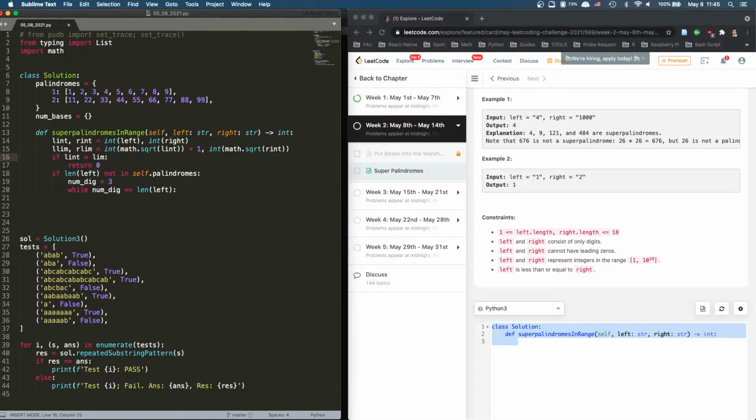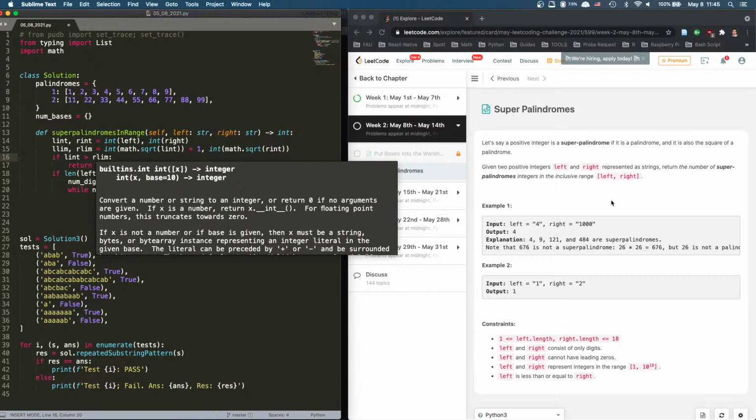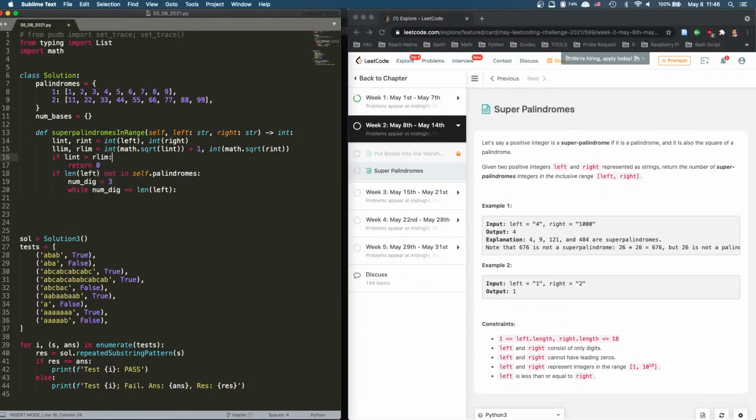Now, of course, if the left int is larger than the right limit, right? So these are the things that we can do the square root. That's actually no, because what we want to find is the super palindromes. So that's not the case.